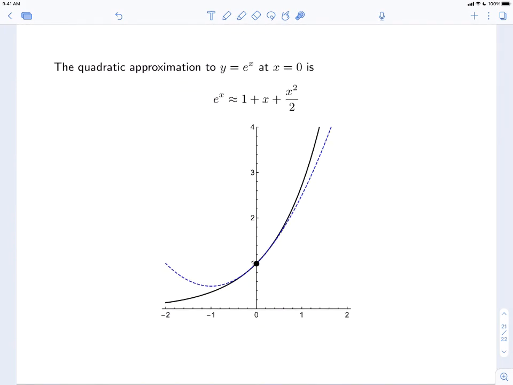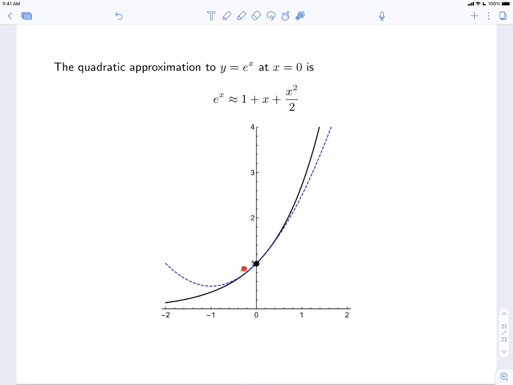So for example, if we look at y equals e to the x, that's this curve here, we saw that it was fairly well approximated with just 1 plus x. But if you add in a quadratic term, so it's 1 plus x plus x squared over 2, now we have a function which is a polynomial function of degree 2, and it has the same value as e to the x at x equals 0, and it has the same first derivative and the same second derivative at x equals 0.